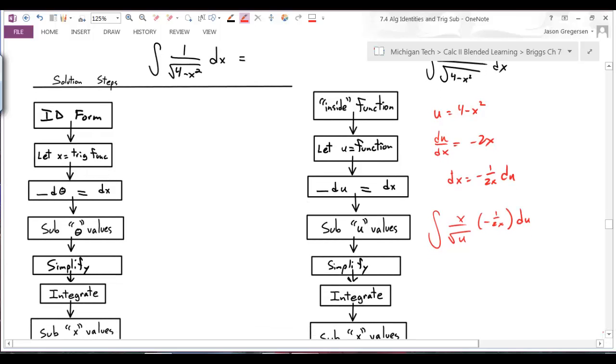Our first step is to identify the form that we're in, to tell us what substitution we want. In this case, what kind of substitution do I want? So here, am I in this form? Am I in this form? Here I have number squared minus x squared.